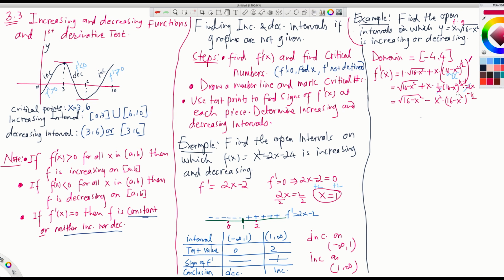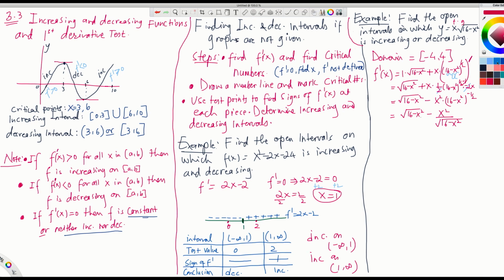I want to move this to the bottom to make it positive 1/2, so it becomes minus x squared over the root of 16 minus x squared. Why did I do that? Because this goes to the denominator with positive 1/2 in the exponent, and anything with positive 1/2 in the exponent is the root.